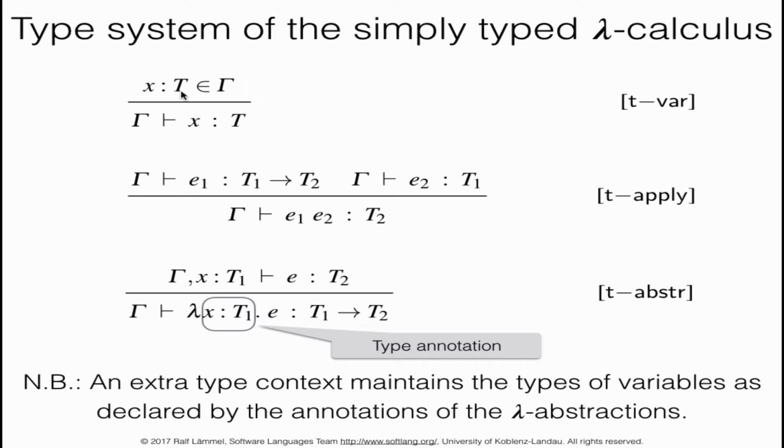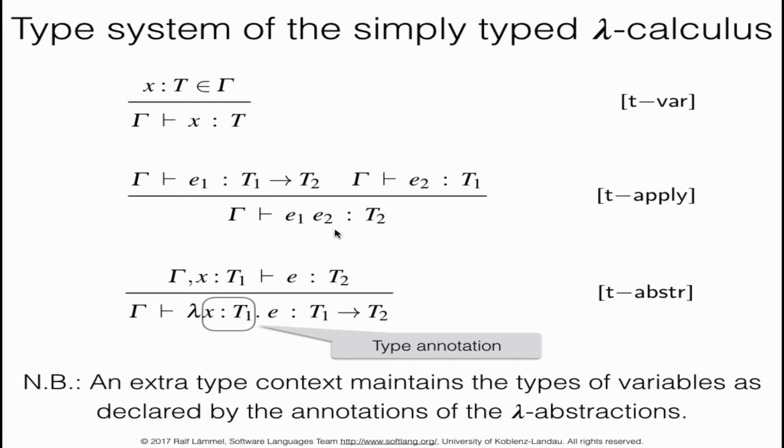So the first typing rule deals with the type of a variable. So x is of type t if the type context gamma indeed assigns t to x. So here's the typing rule for function application.